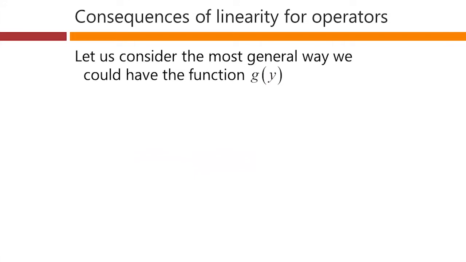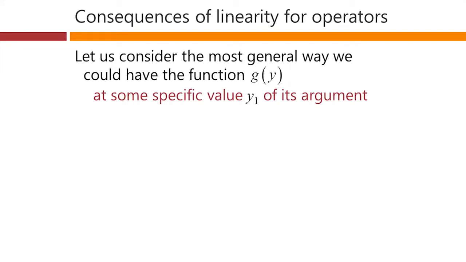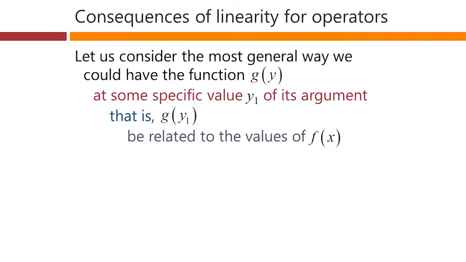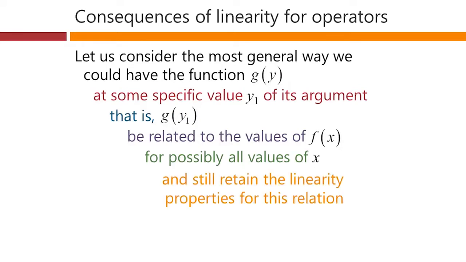Well, let's consider the most general way we could have this function g of y at some specific value y1 of its argument, that is, obviously, g of y1, be related to the values of f of x for possibly all the values of x, and still retain the linearity properties for this relation. So we want to figure this out.